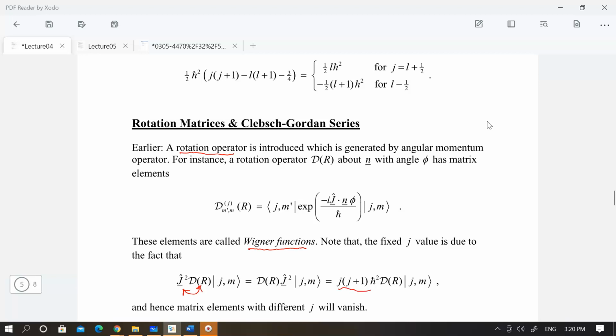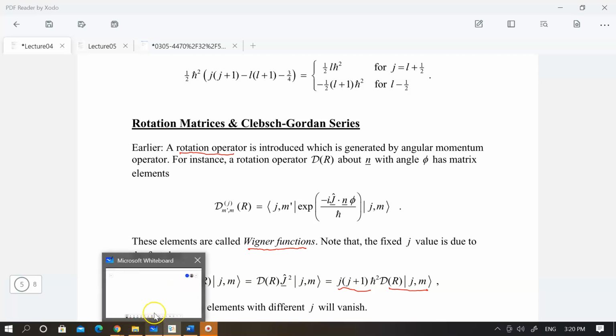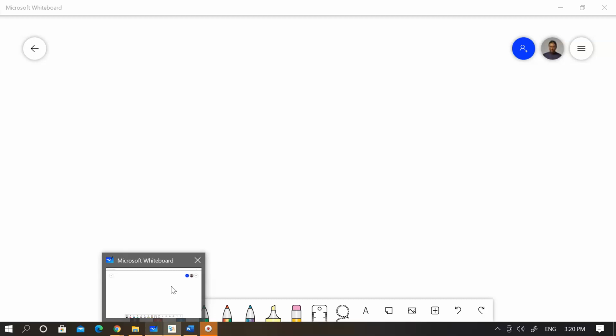So in other words, D(R)|J M> is an eigenstate of the angular momentum J squared with this eigenvalue. So when you take something like this, <J' M'|, then you know that this will be 0 if your J and J' are not the same.